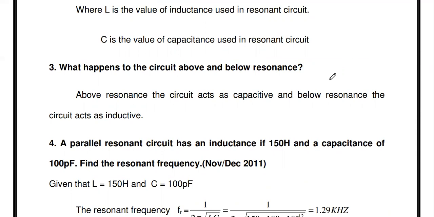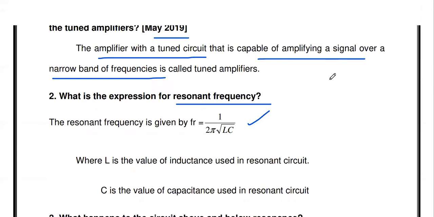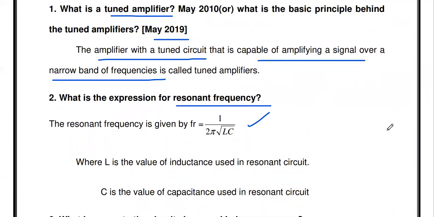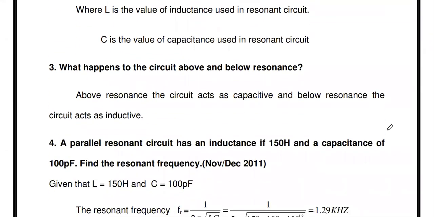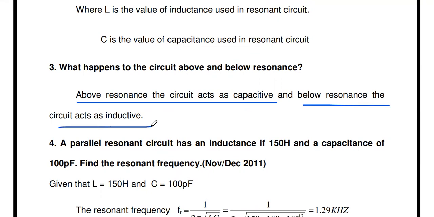Already you know the resonance concept: at only one frequency, the LC tuned circuit acts as purely resistive in nature, since at that time the capacitive reactance and the inductive reactance get cancelled. Above resonance, the LC circuit acts as capacitive in nature, and below resonance the circuit acts as inductive in nature.